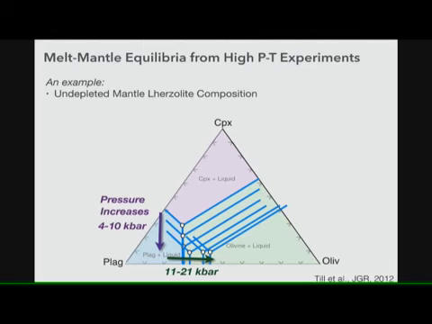How do you control that in an experiment? So one experiment is at one pressure and one temperature, and then we would do the next experiment at another temperature but the same pressure, for example. So you spend a lot of time doing experiments.